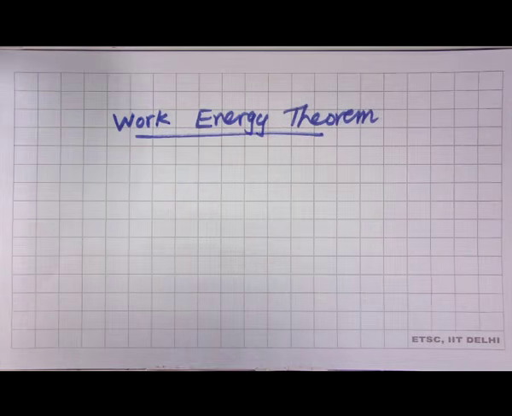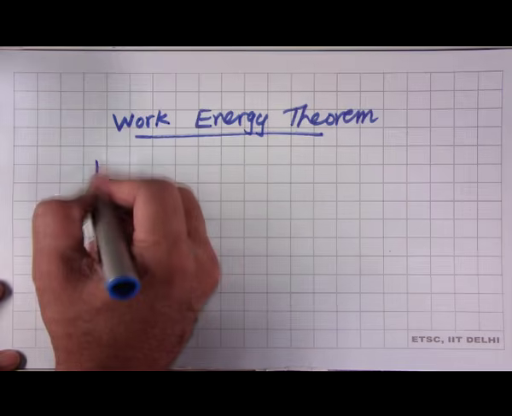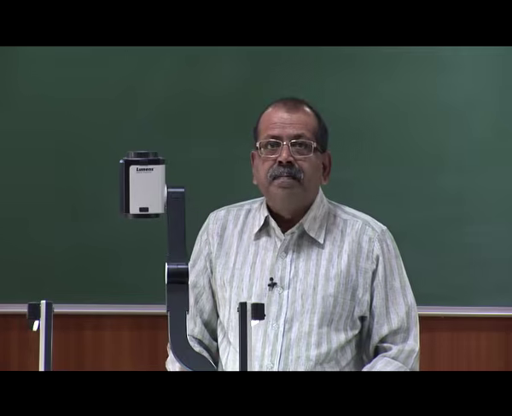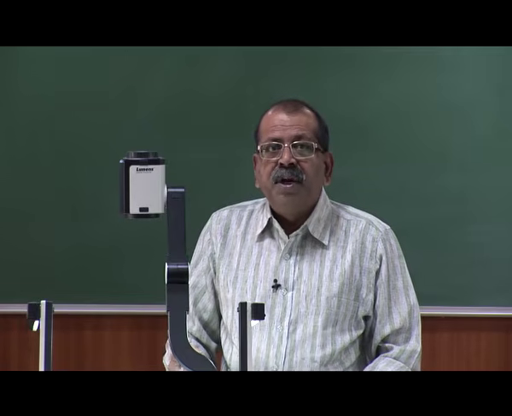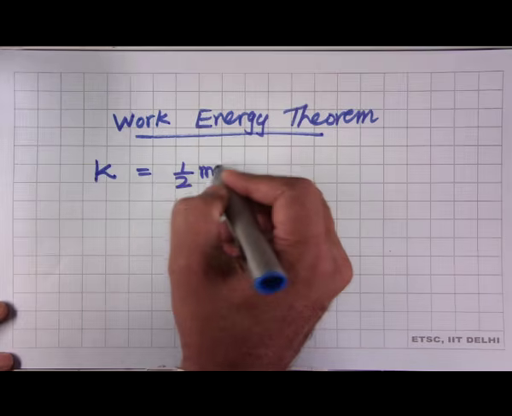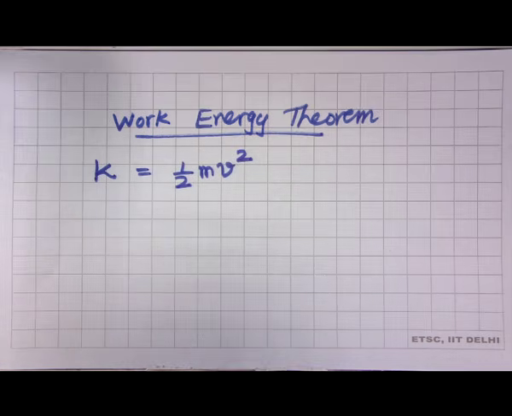We have seen the concept of kinetic energy. At any point, if a particle of mass m is moving with a speed v, the kinetic energy of that particle is given by half m v square.